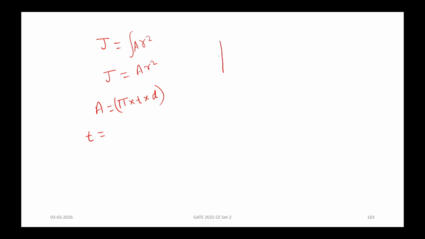Conceptually, if you weld two plates, this is your weld size S, and this is S. Now I am drawing it bigger. We can calculate t. The hypotenuse length is S root 2, and half of that length is S by root 2.